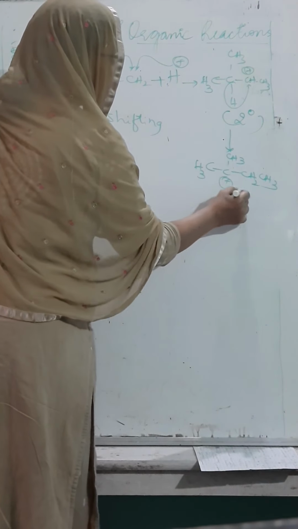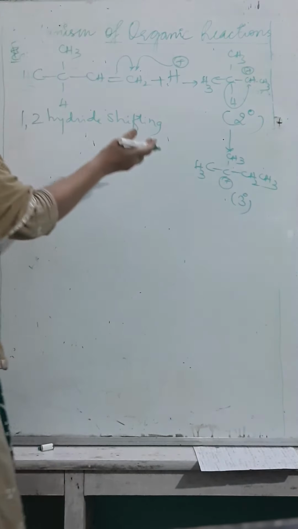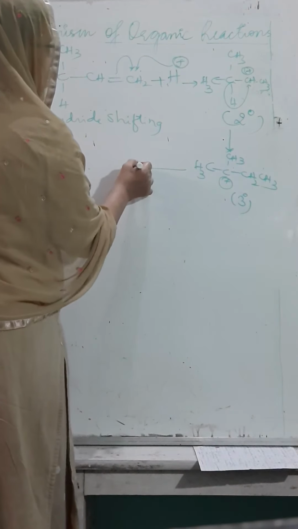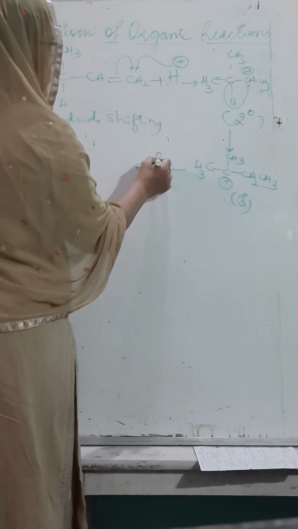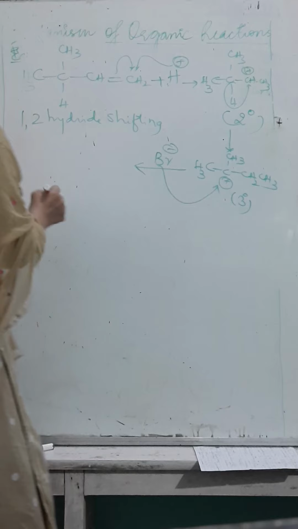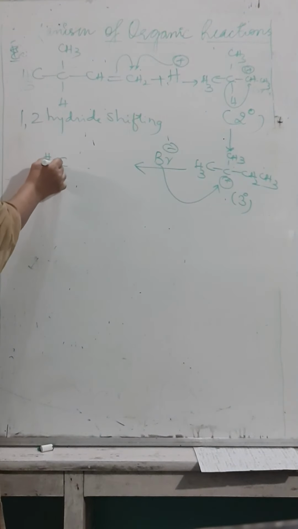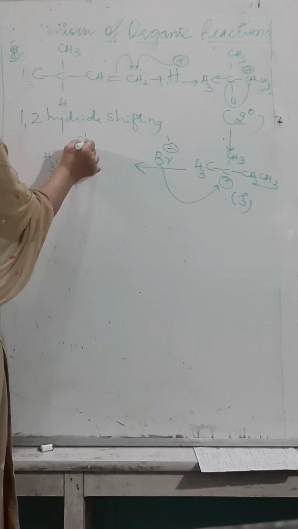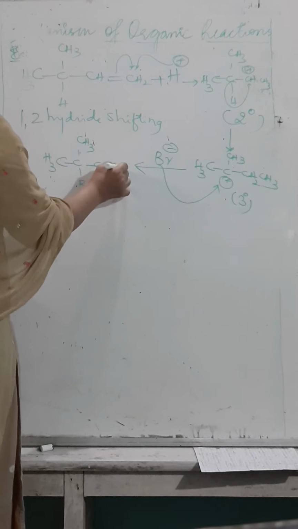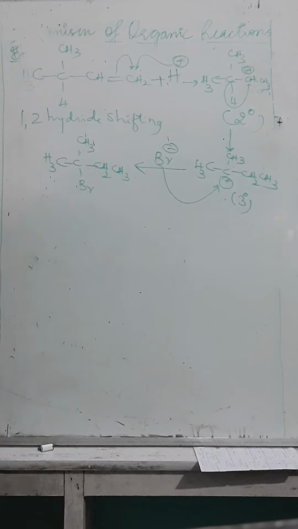As we said in the previous videos on electronic effects, tertiary carbocations are more stable due to hyperconjugation. So Br minus can attack the tertiary carbocation to give the major product, 2-bromo-2-methylbutane.